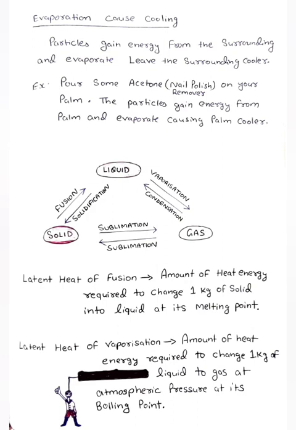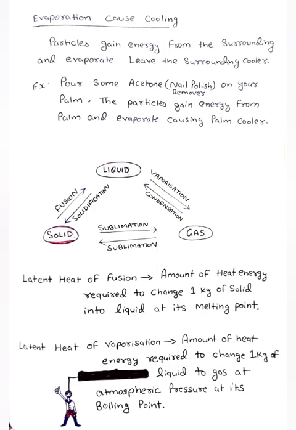It is the heat which is used by the solid particles to change into liquid state. Remember that latent heat of fusion is always used by the solid particles to change state into liquid. And at what temperature? It is a temperature equal to its melting point.